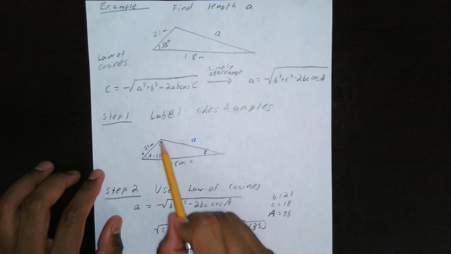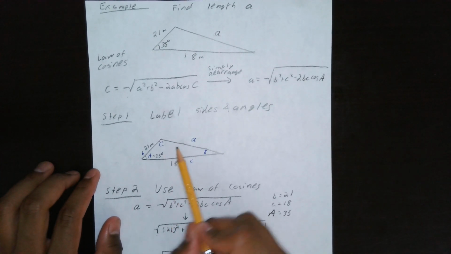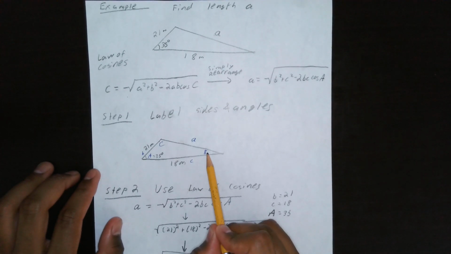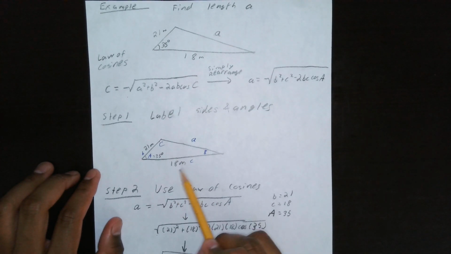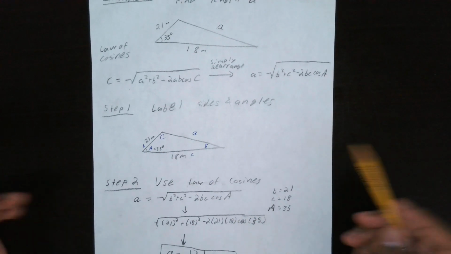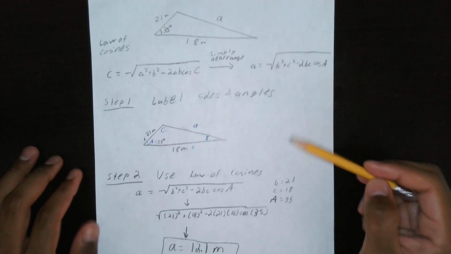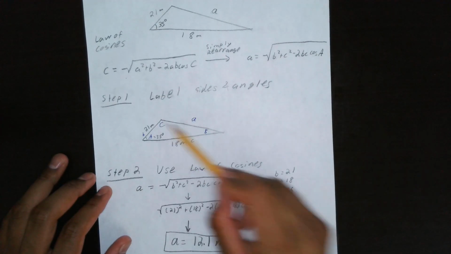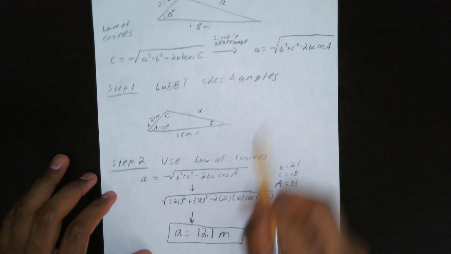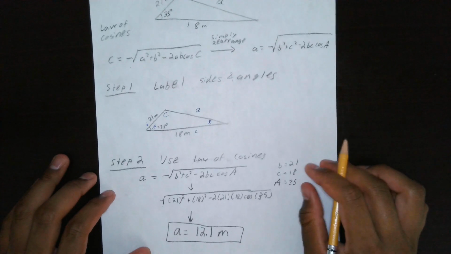If I decided to make this one angle B and this one angle C and then this one side B and this one side C, it wouldn't have changed our result. This is just how I decided to do things. It doesn't matter which one you pick for B and C, although it does matter what you pick for A because that's what we're trying to solve for.